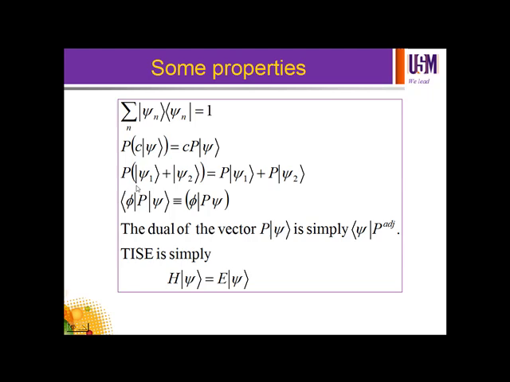If we have P acting on a summation of two ket vectors, it's just as if we multiply each ket vector individually and add them up. If we have a vertical line like this with a P in between the bra and ket, we can just put the P together with the ket vectors.